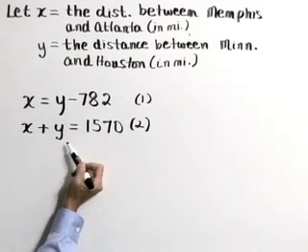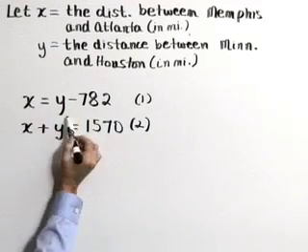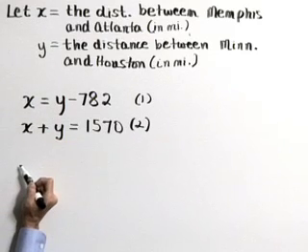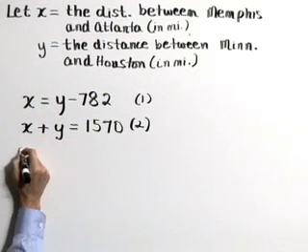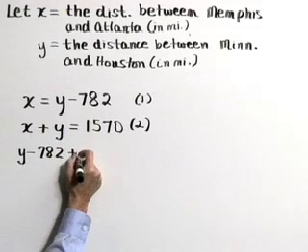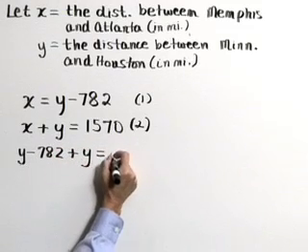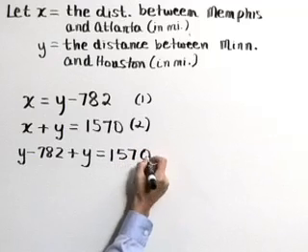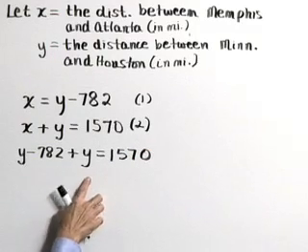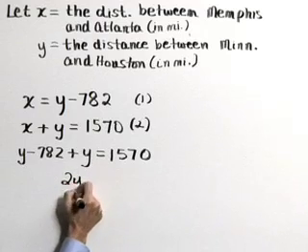x is equal to y minus 782, so let's substitute that value in for x in equation 2. So equation 2 becomes y minus 782 plus y is equal to 1,570. Now let's simplify. y plus y is 2y.